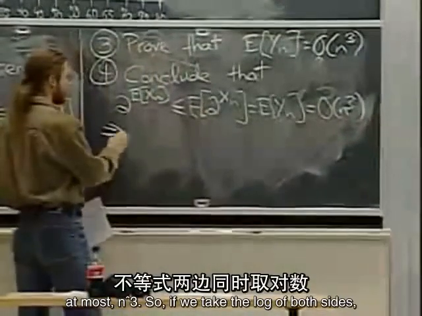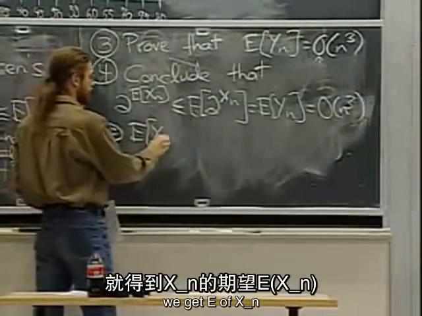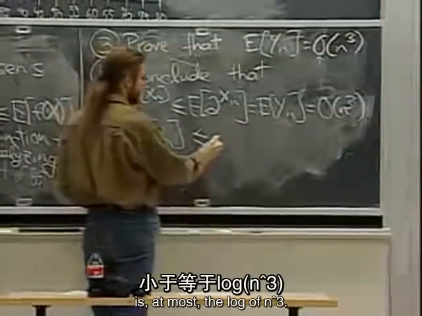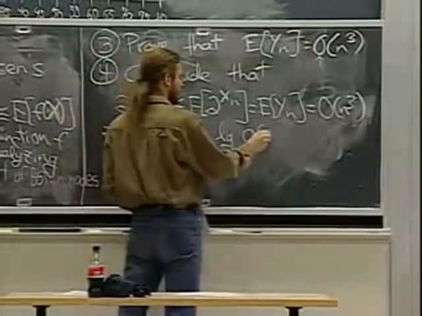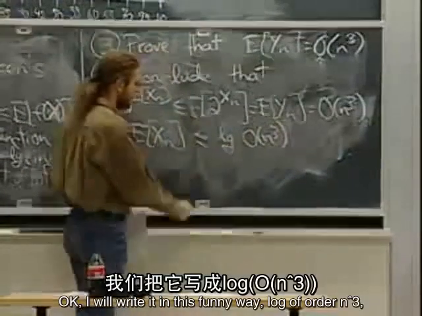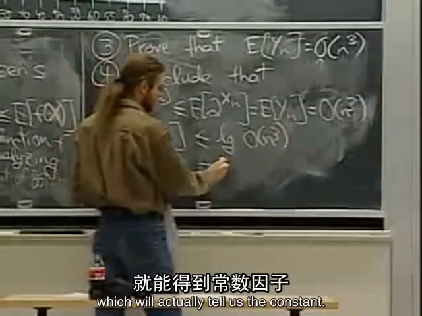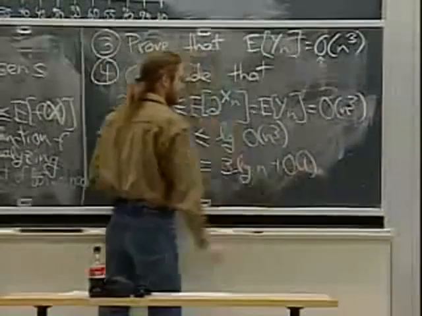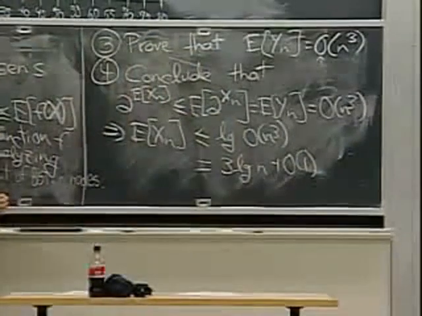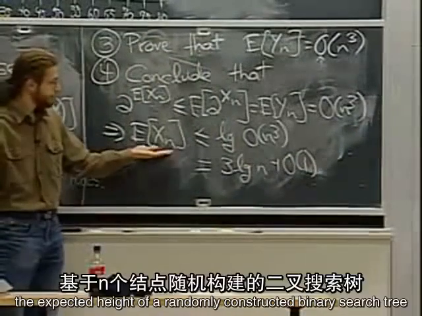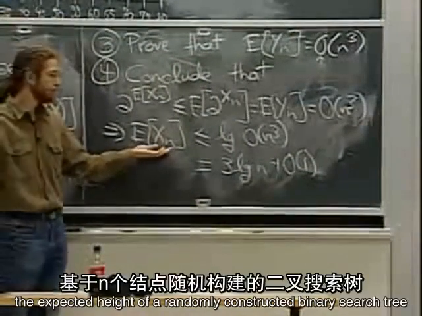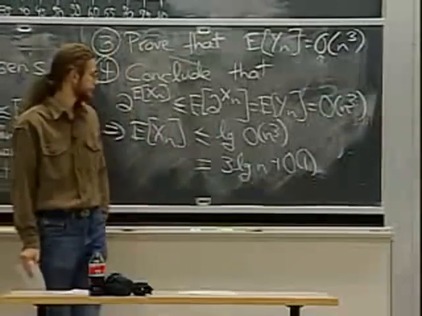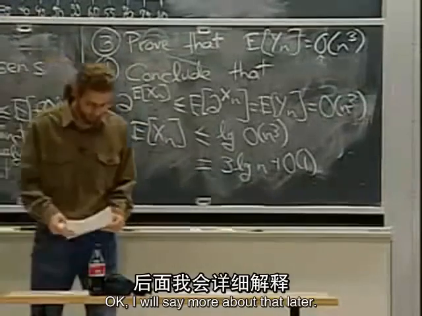If we take the log of both sides, we get E of X_n is at most the log of order n cubed, which will actually tell us the constant. This is 3 log n plus order 1. So we will prove that the expected height of a randomly constructed binary search tree on n nodes is roughly 3 log n at most. I'll say more about that later.